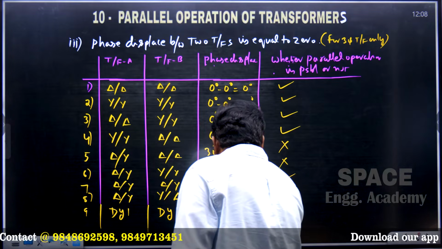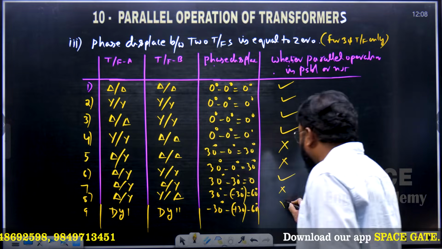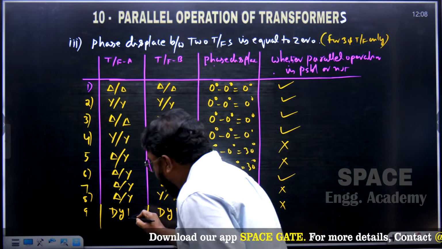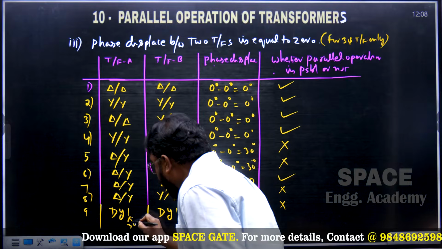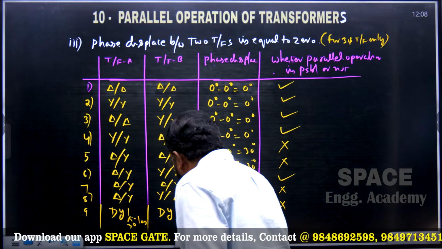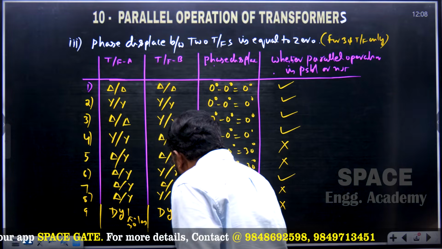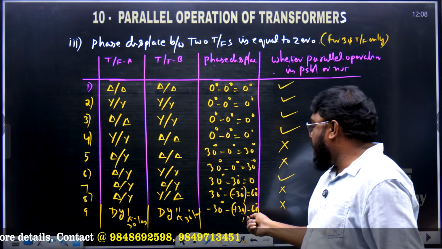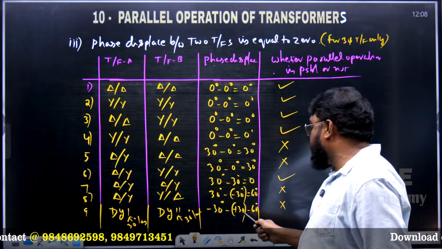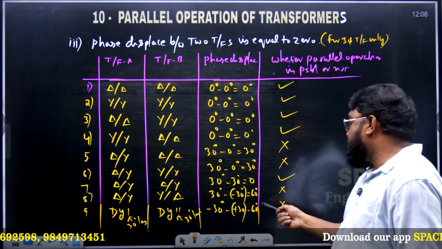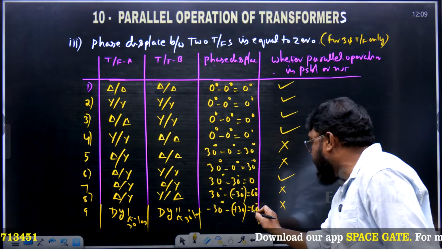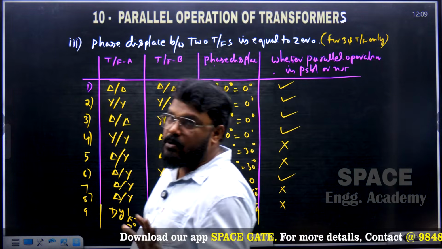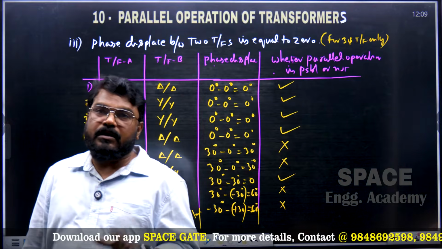By solving here we'll get 60 degrees. So these two transformers are also not suitable for parallel operation. Dy1 is nothing but 30 degrees lagging, and this one is 30 degrees leading. So the lagging angle is minus 30 and the leading angle is plus 30 degrees. Minus 30 degrees minus 30 degrees equals minus 60 degrees. So these transformer connections are also not suitable for parallel operation of the transformer.